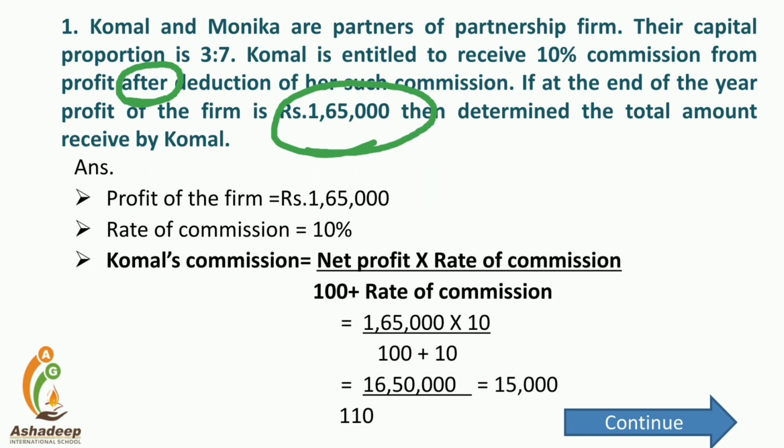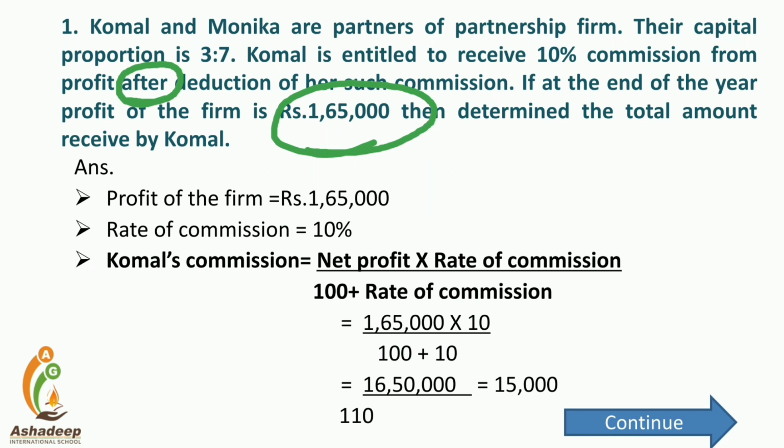Komal's commission is equal to net profit multiplied by rate of commission upon 100 plus rate of commission. Putting the values in this formula, 1,65,000 multiplied by 10 upon 100 plus 10, we get 15,000 rupees. This 15,000 rupees is the value of commission.